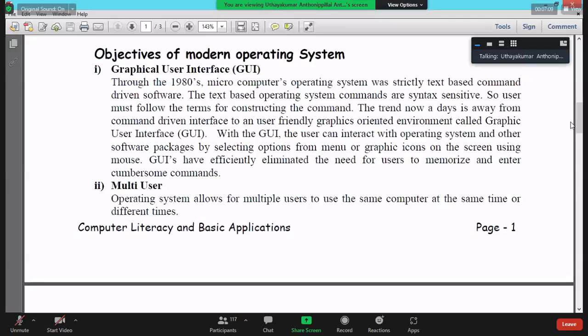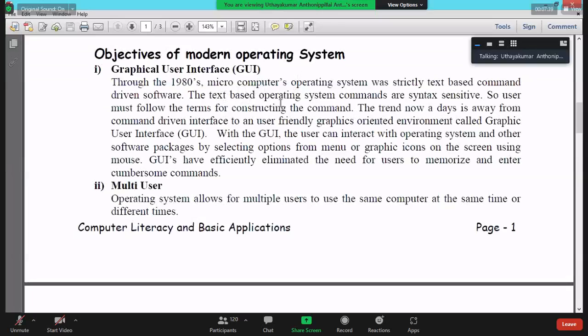That means the disk operating system, DOS. Every command should be entered as a text-based command.